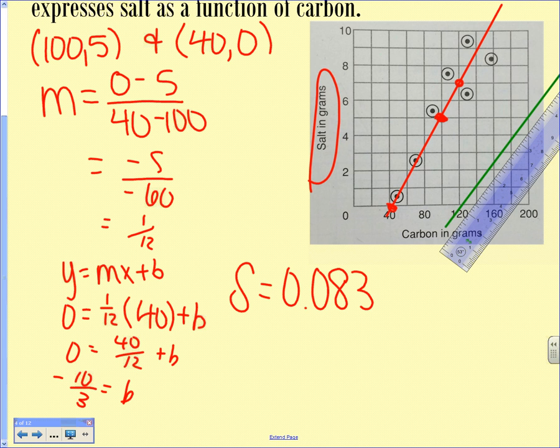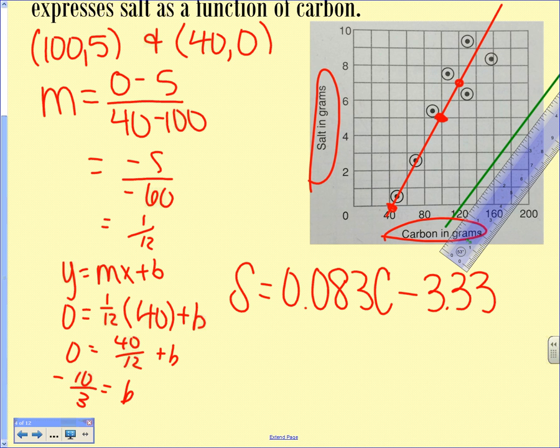You have to put them as decimals. And then what is our x? Not x, but what is this right here? Carbon. And then minus 10 over 3, which is 3.33.